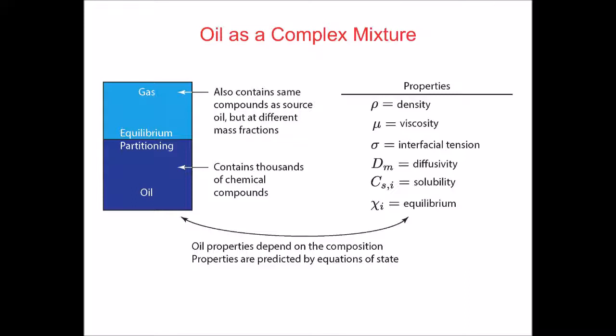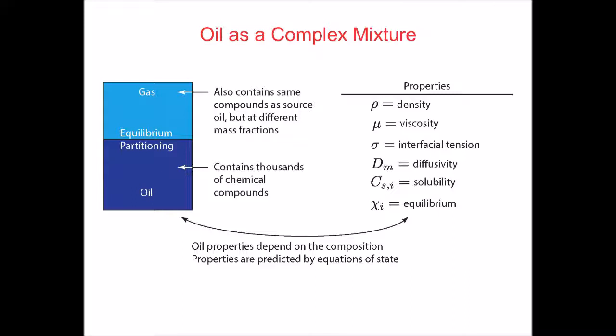Usually we call the gas gas and the liquid oil, but really all of them contain the same compounds of petroleum molecules. So the gas is going to be predominantly, say, methane, but it will also have very long-chain hydrocarbons dissolved into it, just at very low concentrations, given the vapor pressure at the gas-liquid interface.